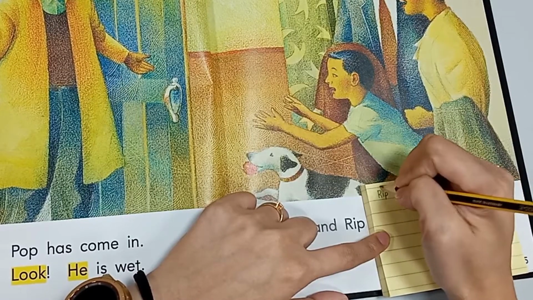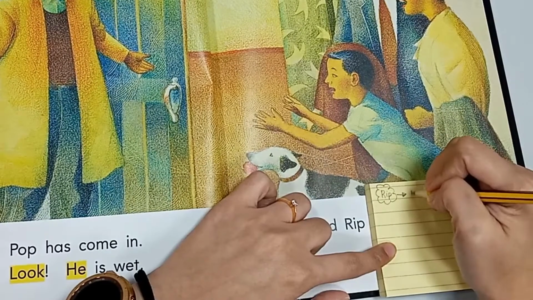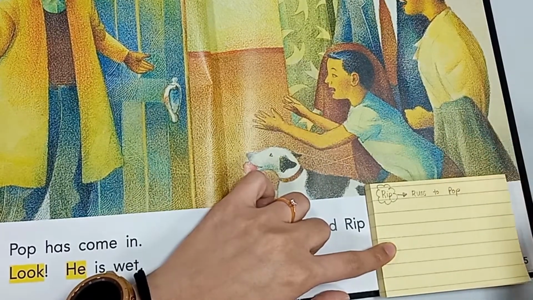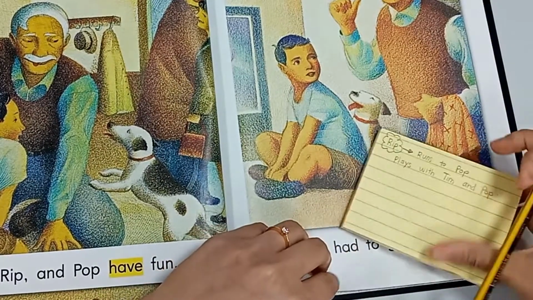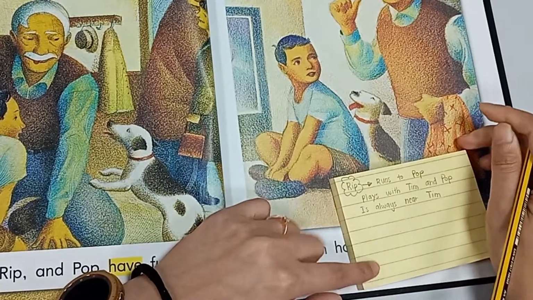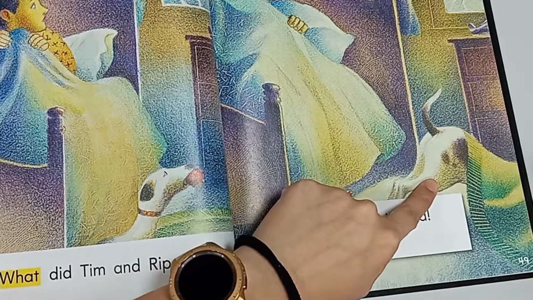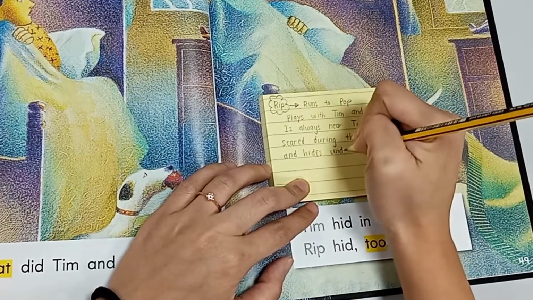Our next character is Rip the dog. In the first page, we see Rip running to Pop when he comes. Then we see him play with Tim and Pop. This page tells us that Rip is always near to Tim. Here we see Rip looking scared during the storm and he hides under the rug.